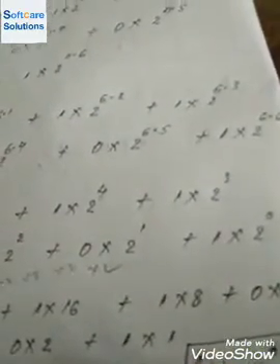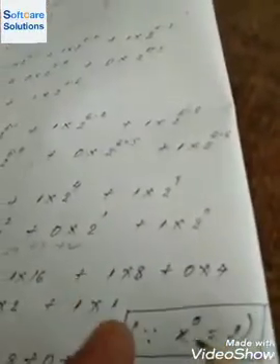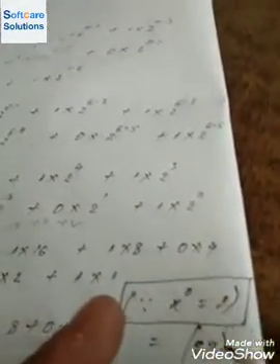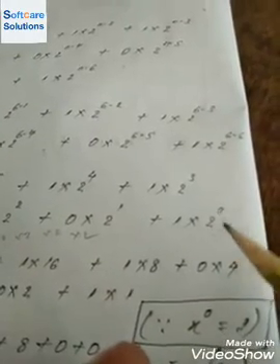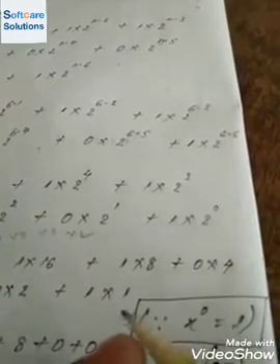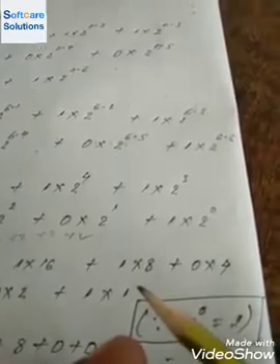And 1 into 2 to power 0. We know that any number whose power is 0 gives the resultant value 1. So here 2 to power 0 is read as 1, so 1 into 1.